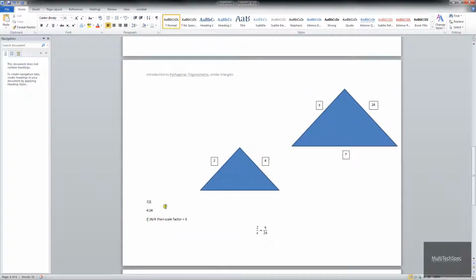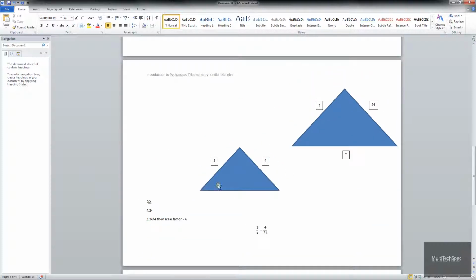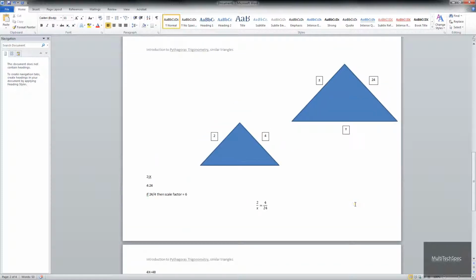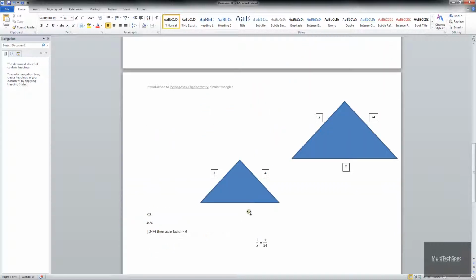Because if you equate these two values of the actual triangle, 2 to the x and 4 to the 24, and notice that the scale factor is 6, then you should be able to appreciate x being 12, because it's 6 times bigger than 2.